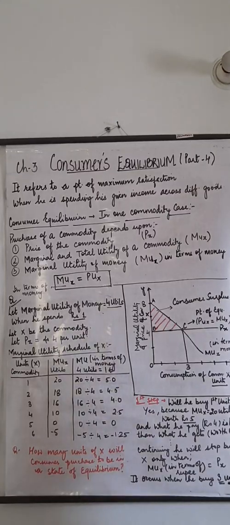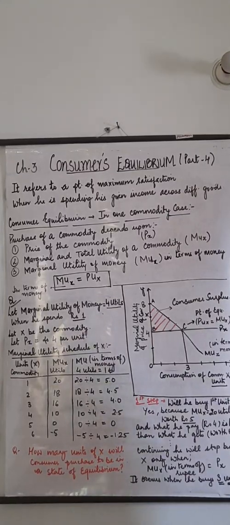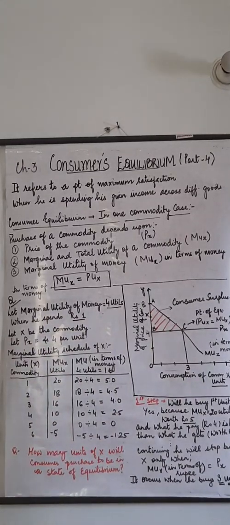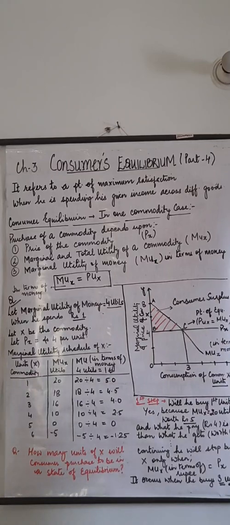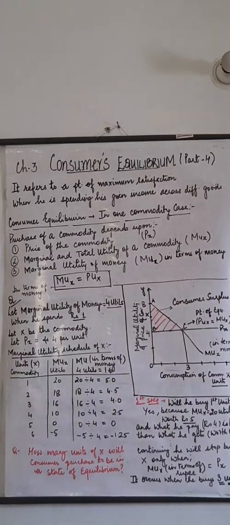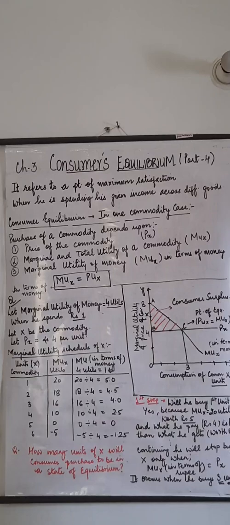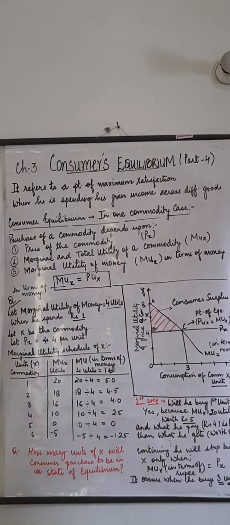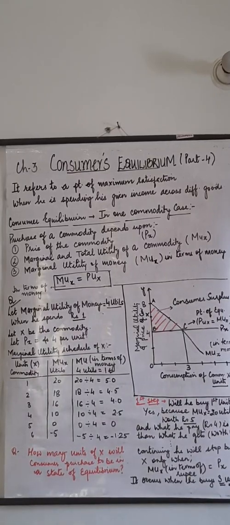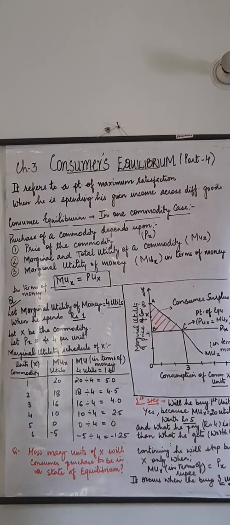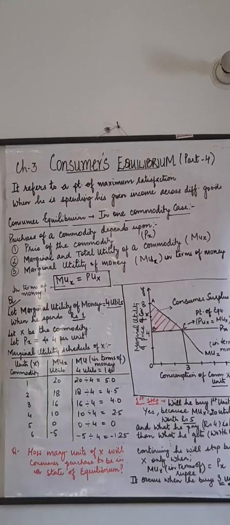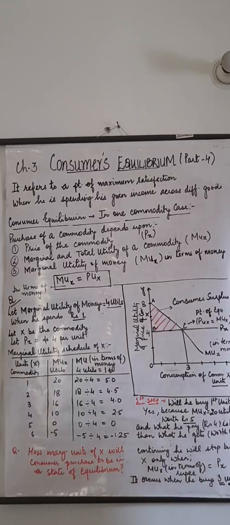This is consumer equilibrium: the marginal utility of money becomes equal to the price of the commodity, where you get maximum satisfaction of spending that penny. With this, we come to the explanation of the definition of consumer equilibrium.